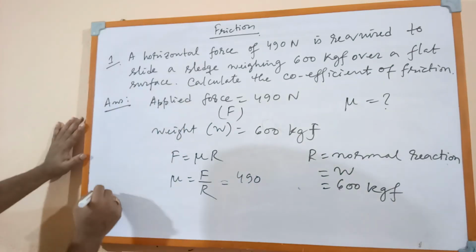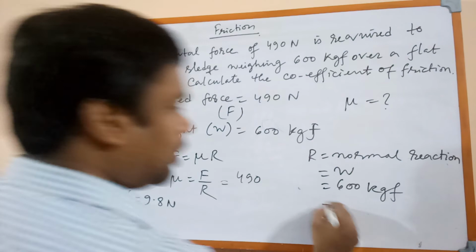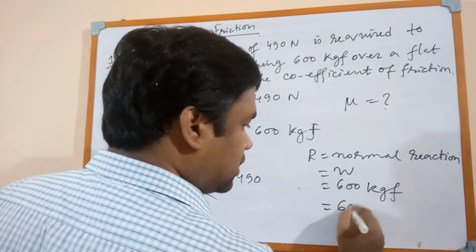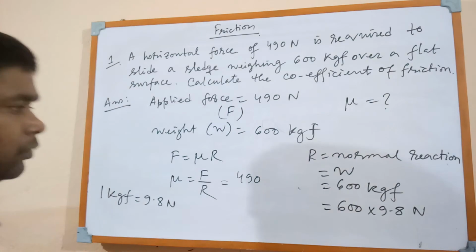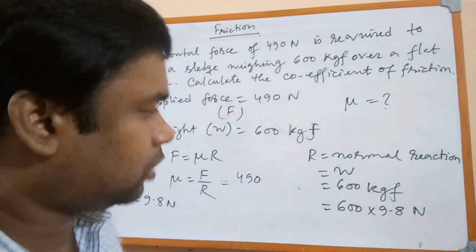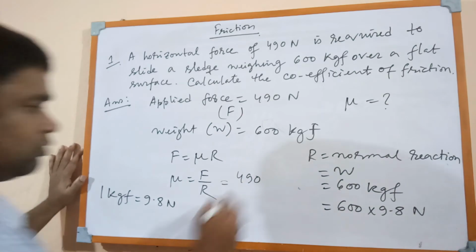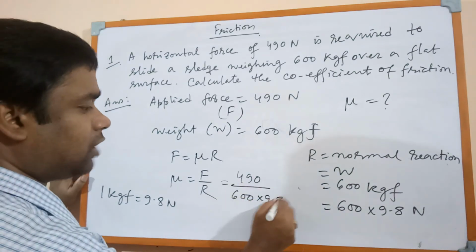We know that 1 kgf equals 9.8 Newton. So we can write R as 600 into 9.8 Newton. So R is converted to the absolute unit of force, Newton.